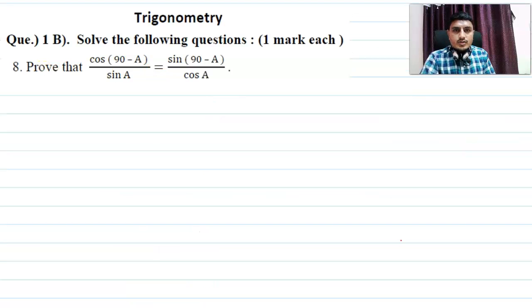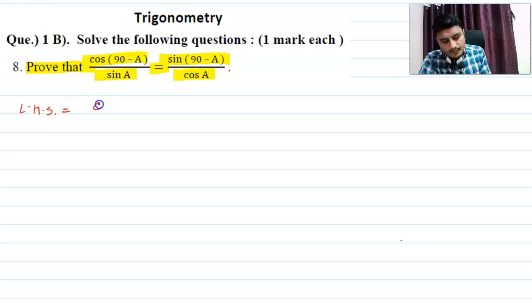Now look at question number 8. It is of the form: prove that cos of 90 minus a divided by sin a equals sin of 90 minus a divided by cos a. Let us consider the LHS. The LHS is cos of 90 minus a divided by sin of a.